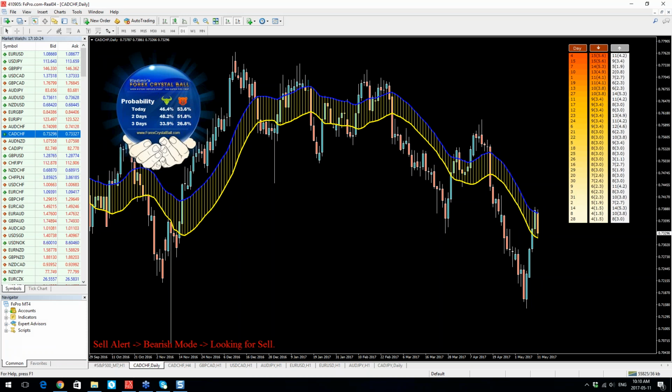That's option number 1, and option number 2 is when we go out of the tunnel. Now, the tunnel is an amazing thing, not just for following the trend, but it also gives us the understanding of what is the current normal, middle price for the current instrument we are looking at.